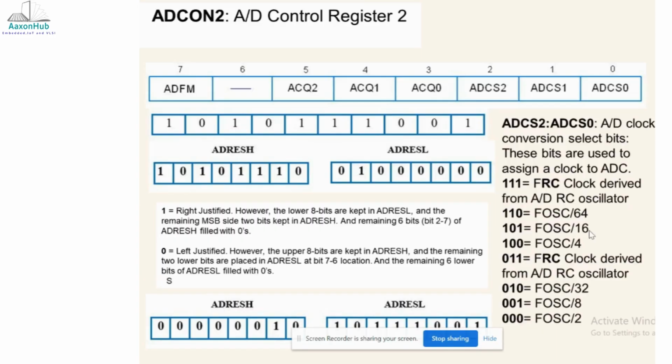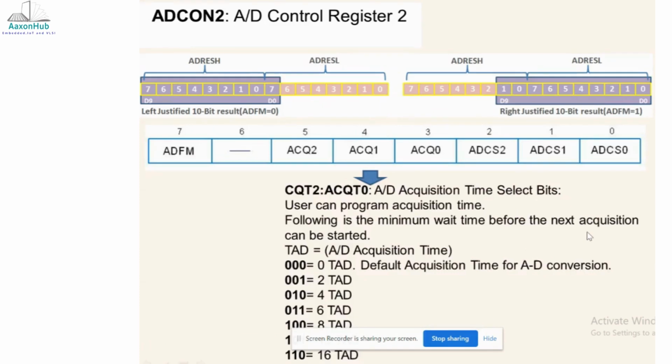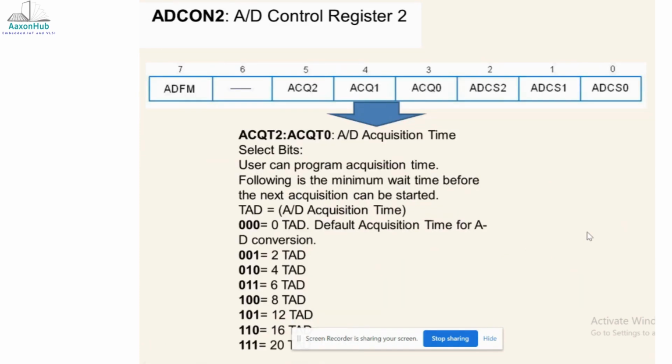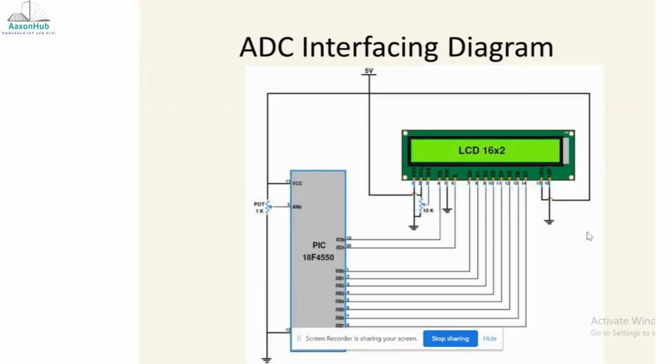So this way, you can calculate ADC conversion time based upon the clock that is arriving or being applied for your ADC. So these are the 5 important registers that are required to program the built-in ADC for your PIC18 architecture.